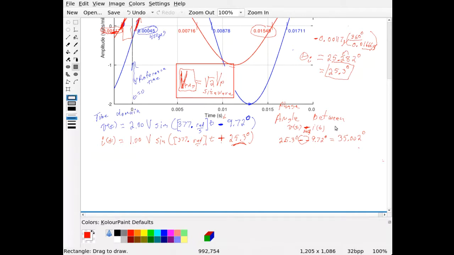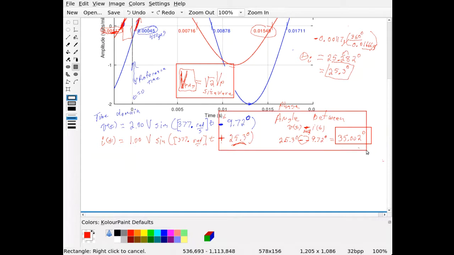All right, the other thing I want to remind you here too is we calculated the phase angle. We talked about the phase angle between the voltage and the current, and that turned out to be this 35 degrees here. Okay, so keep that in mind.